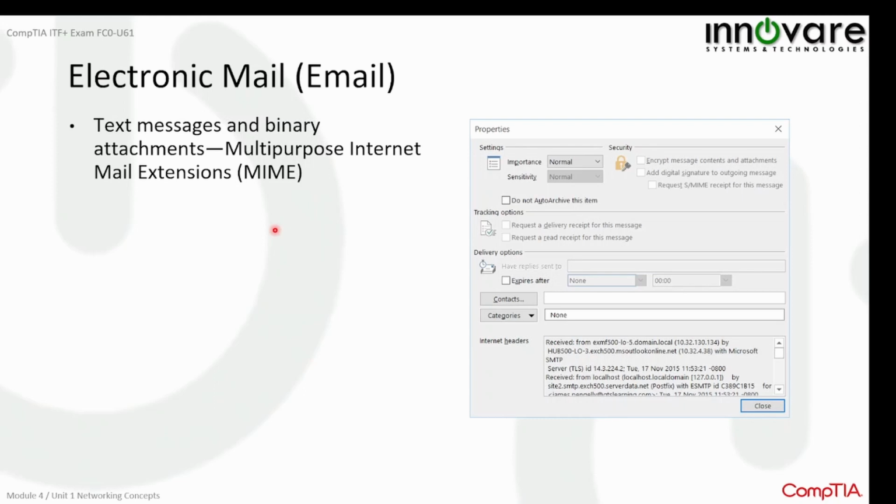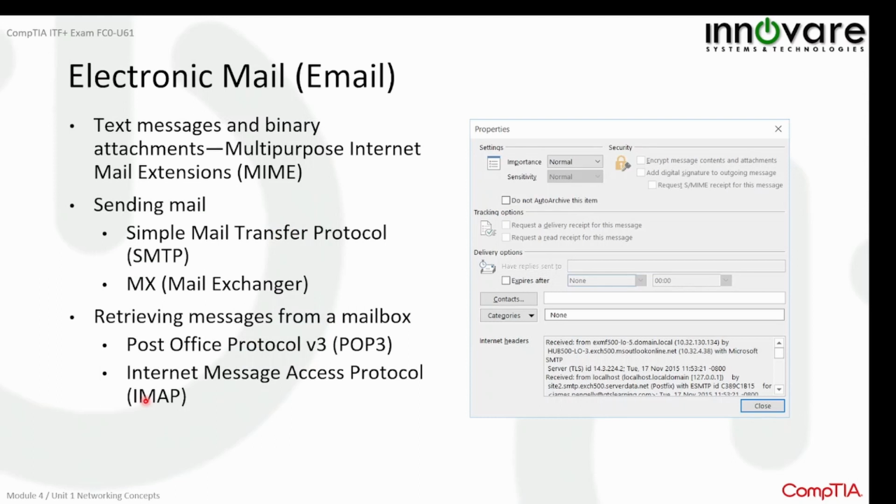And when the information is being sent to the public mailbox, the protocols are POP3, Post Office Protocol version 3, and IMAP, the Internet Message Access Protocol. These are the standards used in retrieving and sending messages.